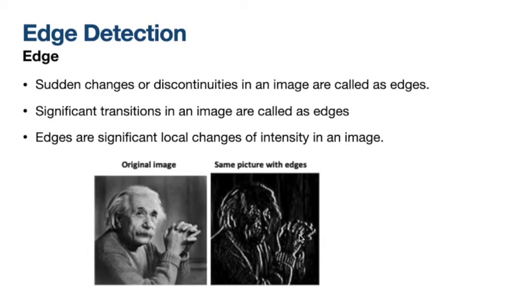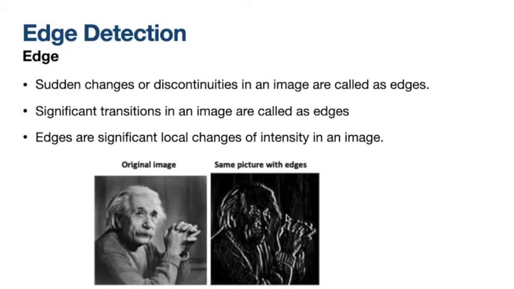So this is basically sudden changes or discontinuities in an image. Significant transitions in an image are also called edges, and edges are significant local changes of intensities in an image.